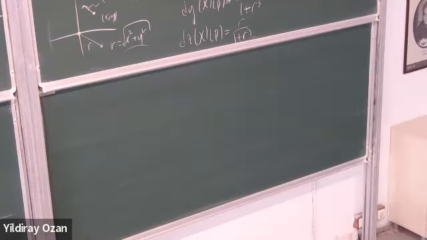Actually, vector fields and one forms are dual objects, right? One of them at any point gives a vector, and the other one eats those vectors and gives us real numbers. So they are dual objects.